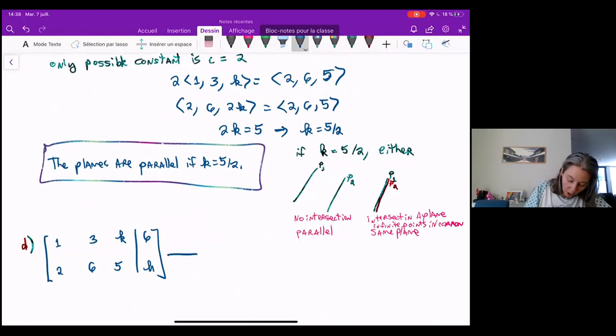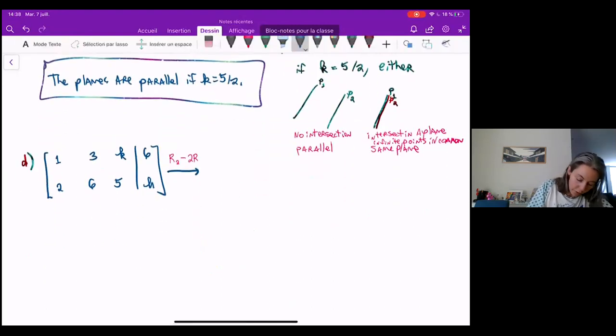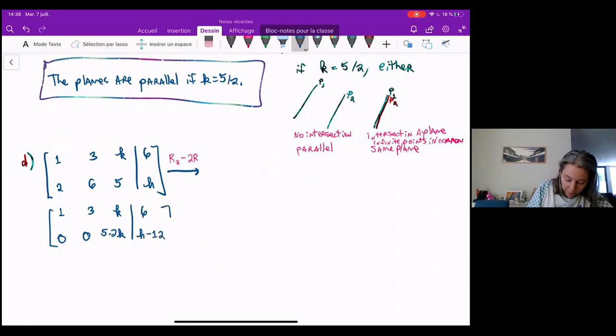So I'm going to reduce to REF, which means that really all I have to do here is do row 2 minus 2 times row 1. My first row is not changing: 1, 3, k, 6. Then I'll have a 0 here, I'll have a 0 here, I'll have a 5 minus 2k here, and then I will have h minus 12.